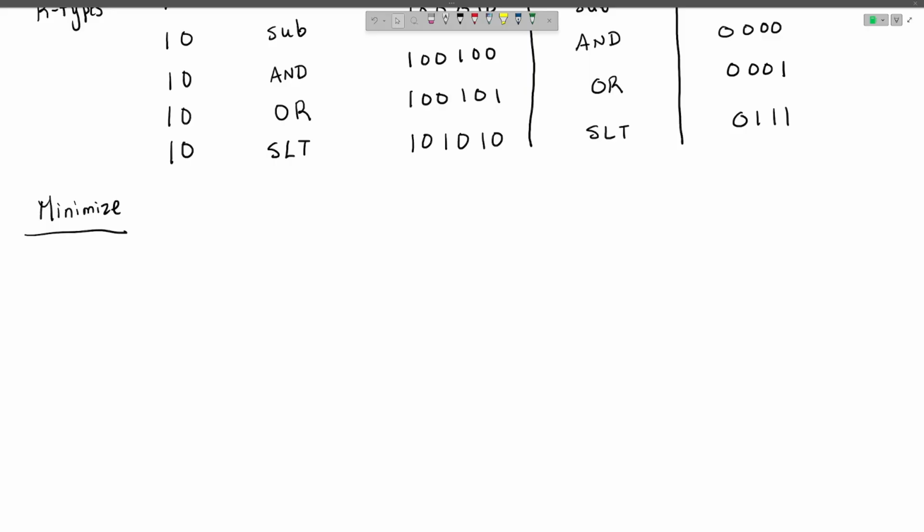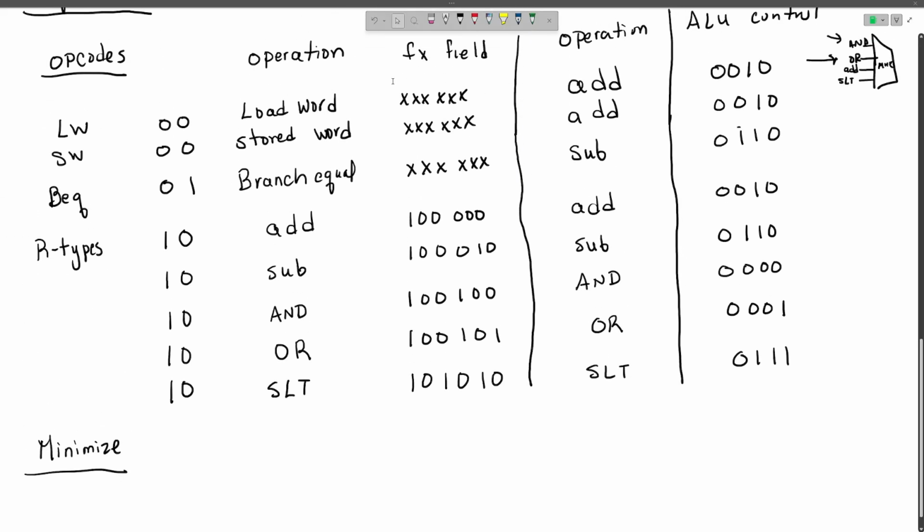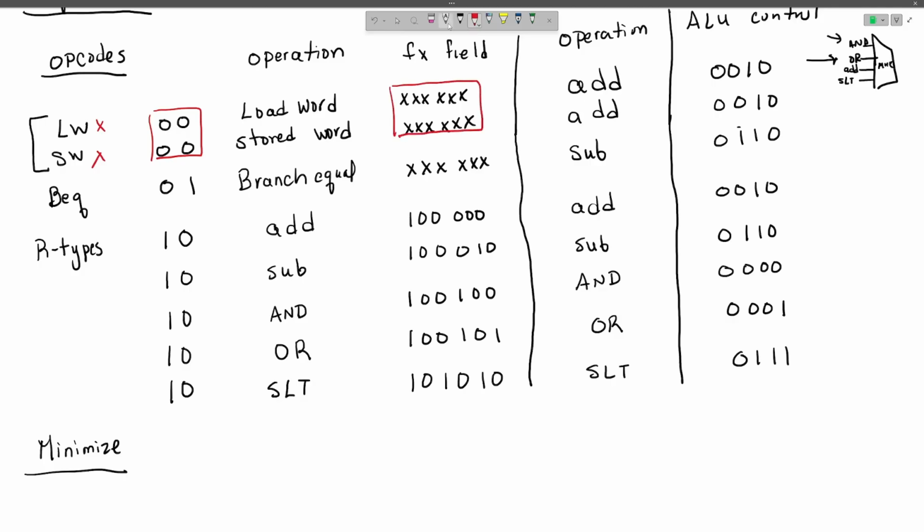For example, if you see the first two, you see this one and you see this one, they both have the same operation. We also don't care about the function field. And if you see the ALU control, they're both the same. Therefore, we can condense these two.